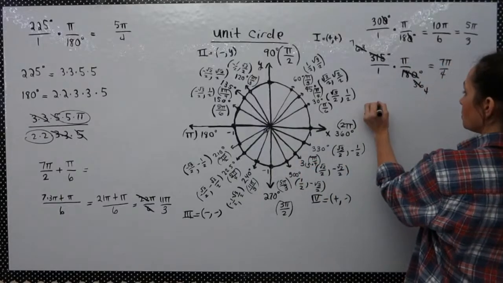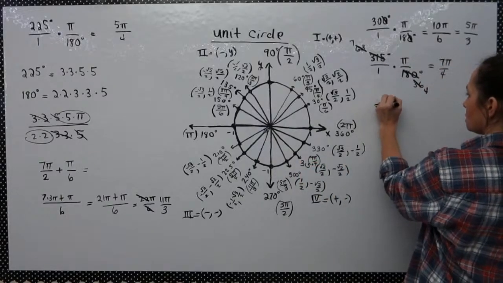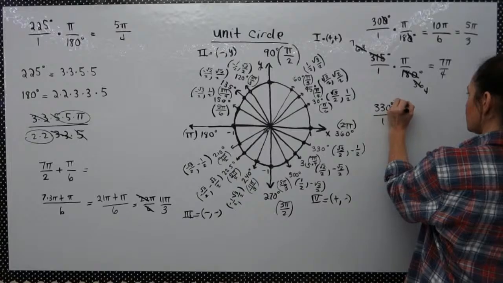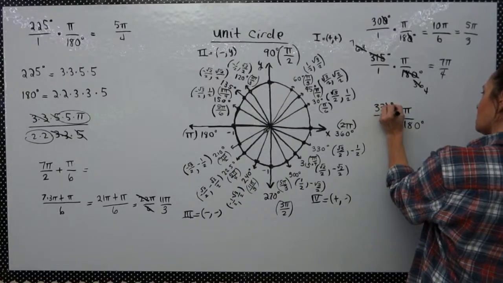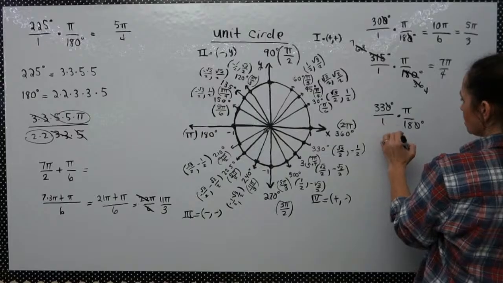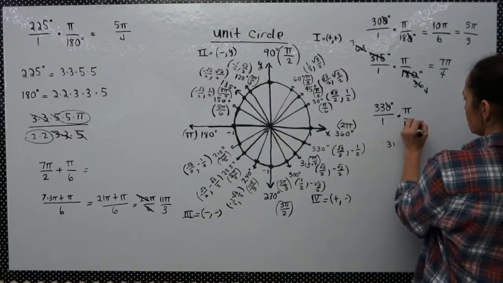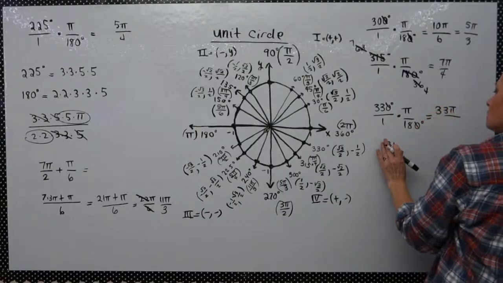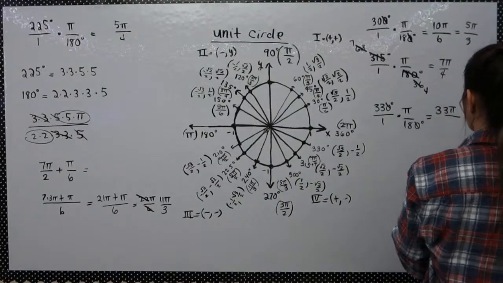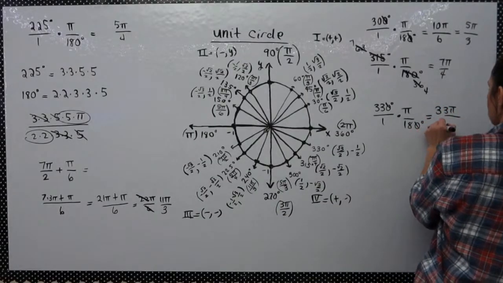And then we'll do one more, 330 over 1 times pi over 180. So we've got 33 pi over 18.